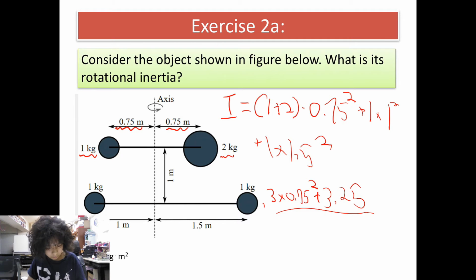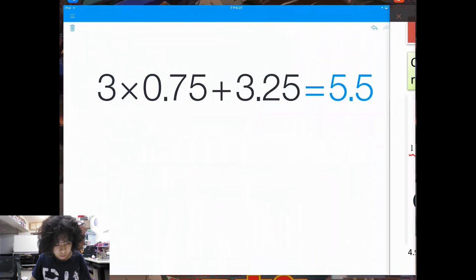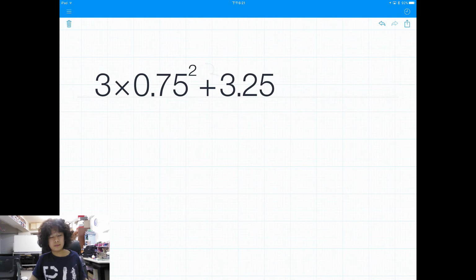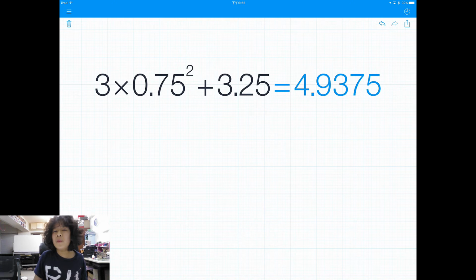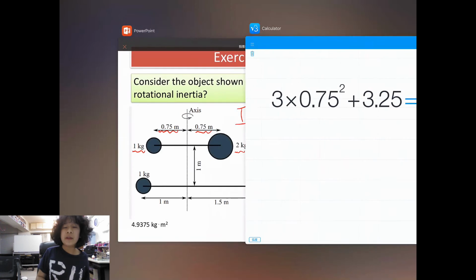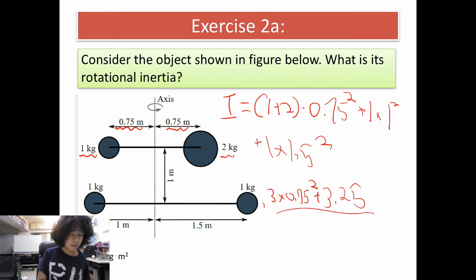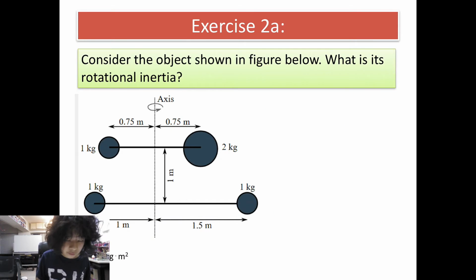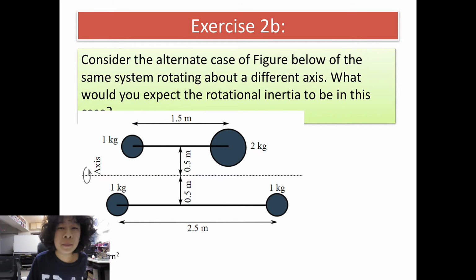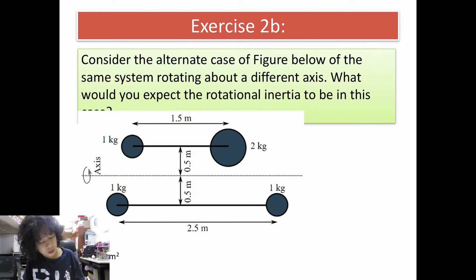Let me see. So it's 3 times this. No, here's a square. So which is 4.9375. And the answer is 4.9375. Exercise 2B. So consider the alternate case of the figure below.